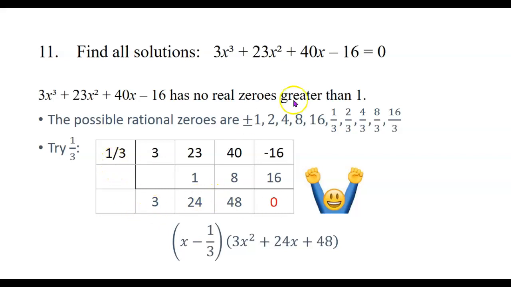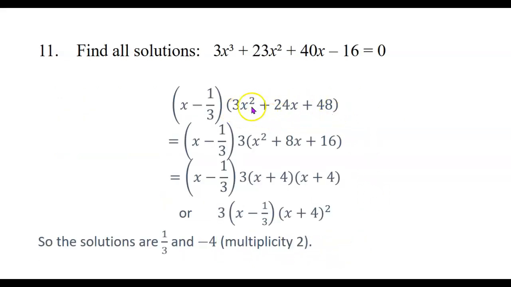And that tells us we can factor this into x minus 1/3 times the quotient 3x squared plus 24x plus 48. Now let's see if we can finish factoring that. One thing we could do is pull out a common factor of 3. When you pull that out, you get 3 times x squared plus 8x plus 16. And then that x squared plus 8x plus 16 breaks up into x plus 4 times x plus 4, or if you want, you can write that as x plus 4 squared.